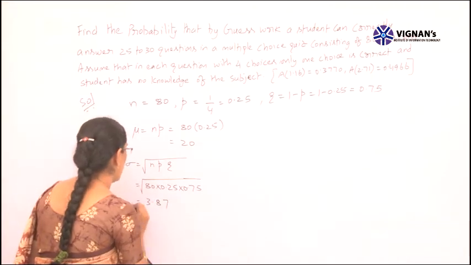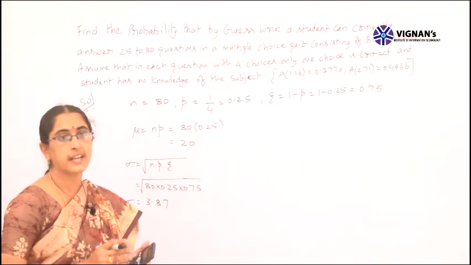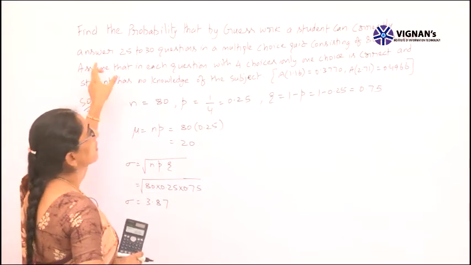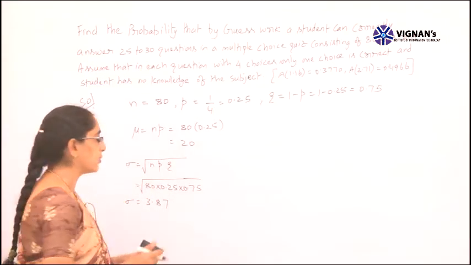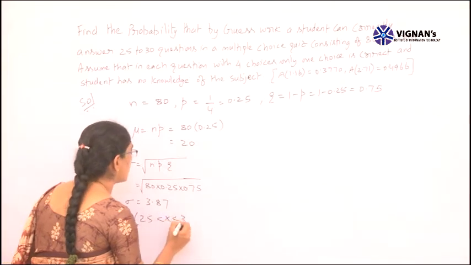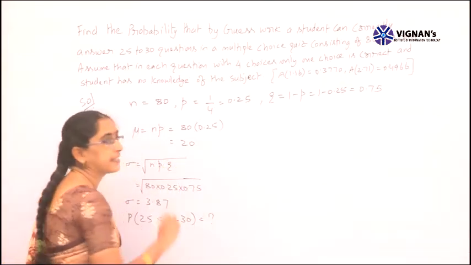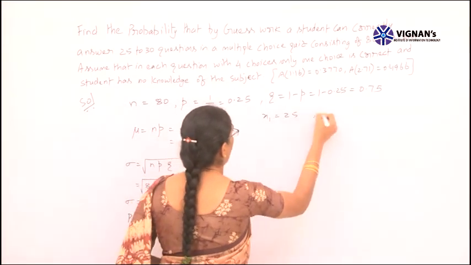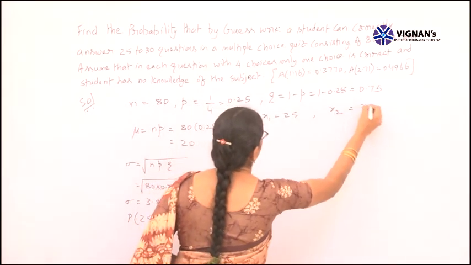So sigma is 3.87. Now we have to find the probability that the student can correctly answer 25 to 30 questions. That means we have to find the probability of 25 less than x less than 30, right? So x1 is 25 and x2 is 30, right?